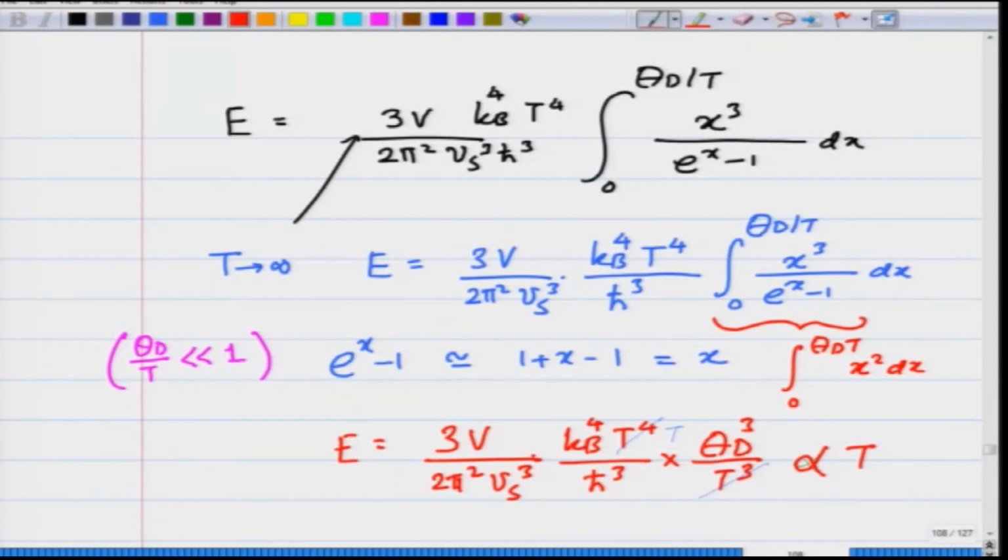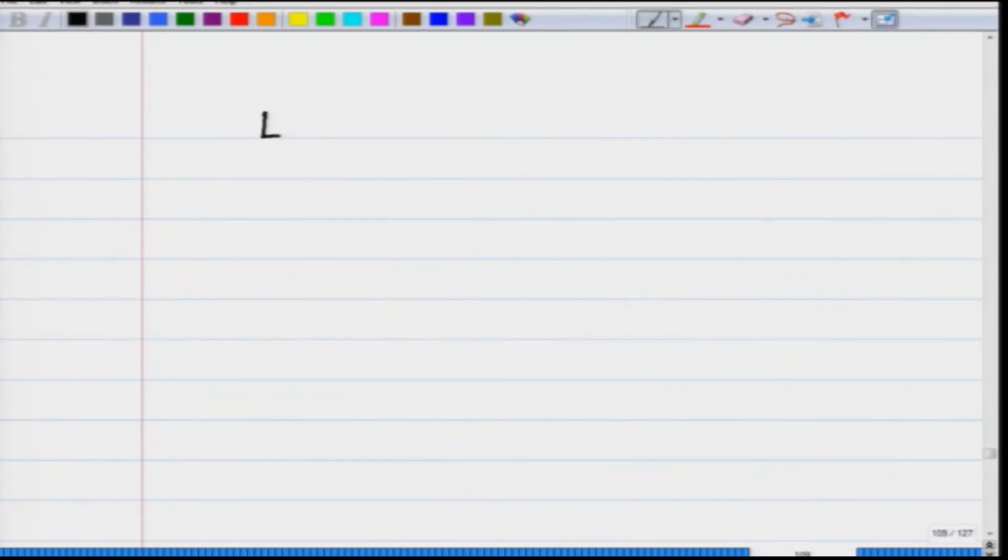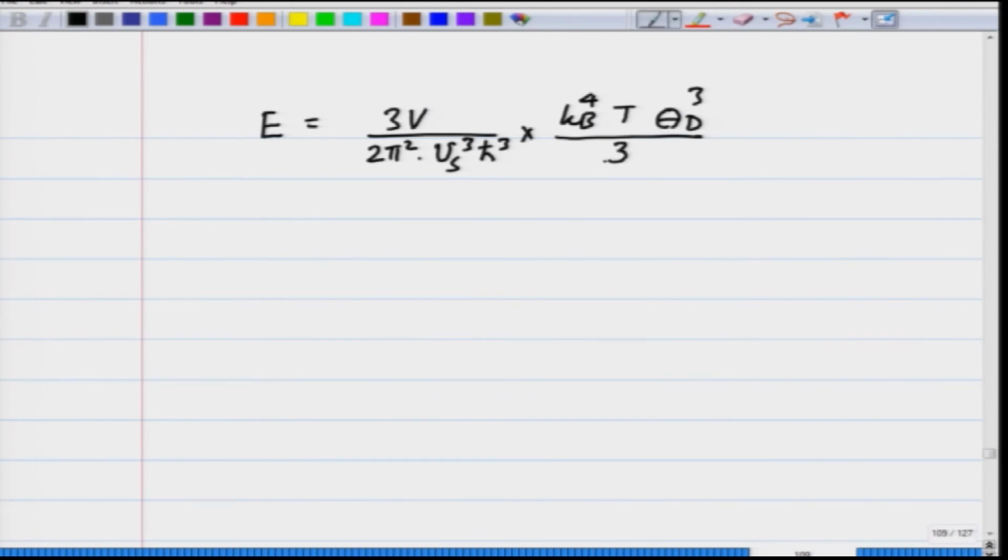Let us see exactly what the expression is. So, I get E equals 3V over 2 pi square V_s cubed h cross cubed times k_B raised to 4, T, theta_D cubed over 3.